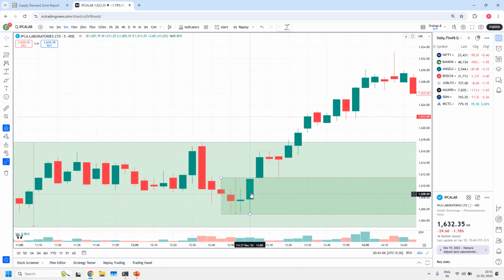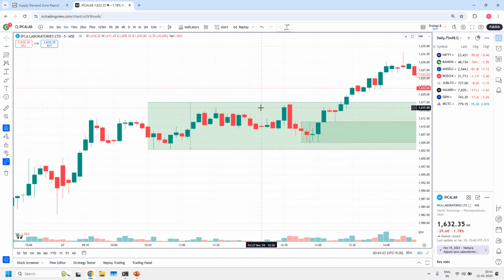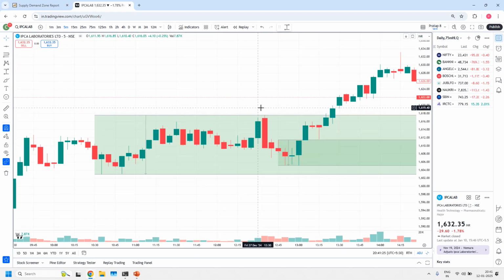See, imbalance started from this candle. But this should be the leg out, because you have a drop candle, and 1, 2, 3, 4 candles are part of the base. In that case, this candle also will be part of the base. Then this rally will start.